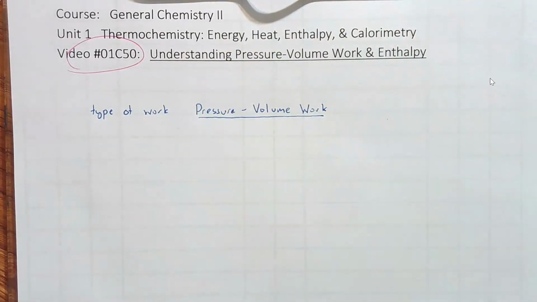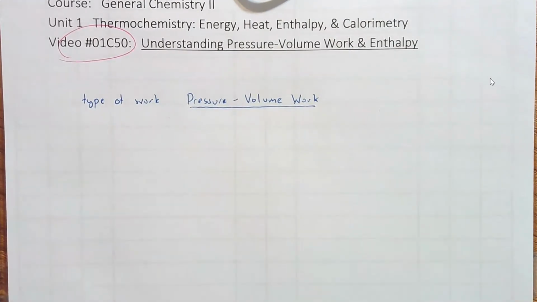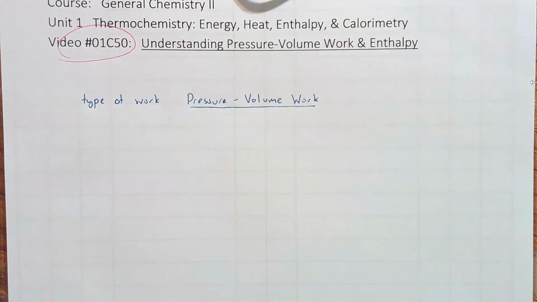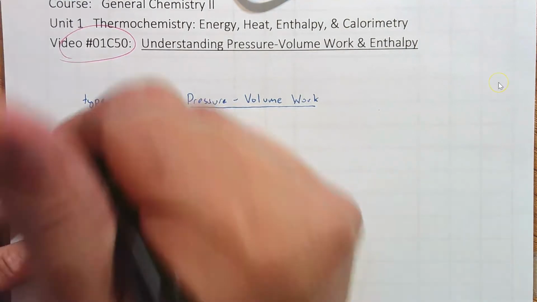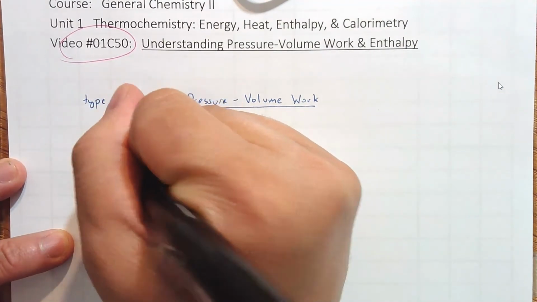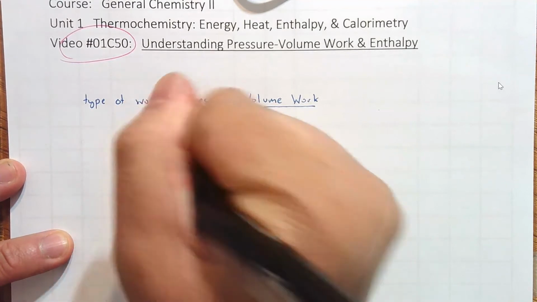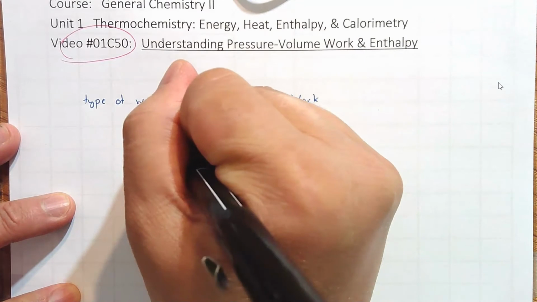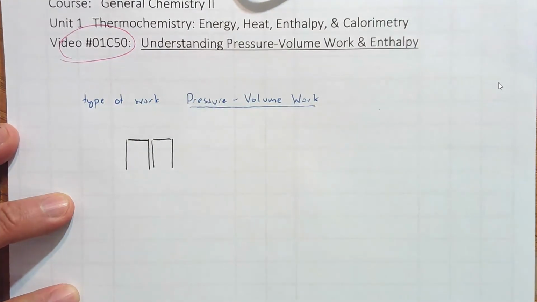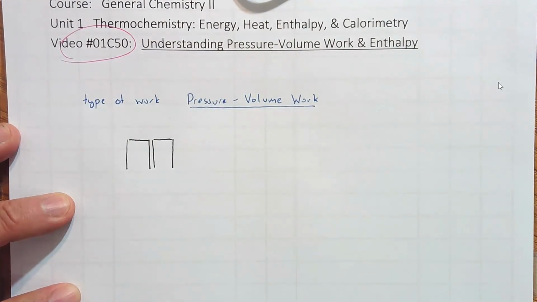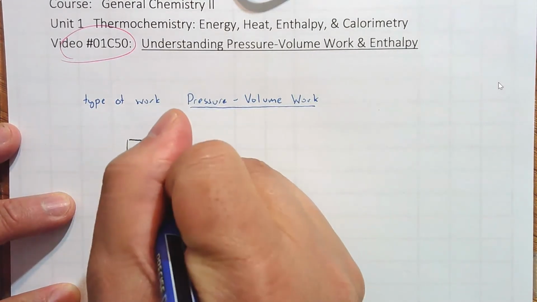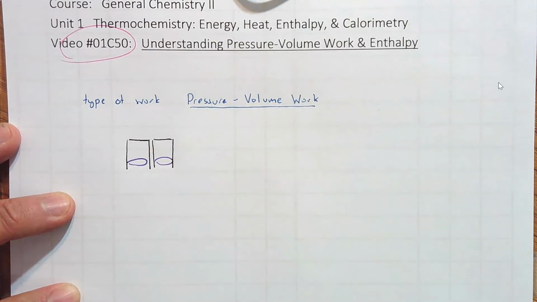And the visual that you should have when thinking about work via pressure and volume is a piston setup. So you have this little chamber, and in terms of a car engine, you have multiple chambers. And each of those chambers has a piston. They could go up and down. And in this case, we'll go down.